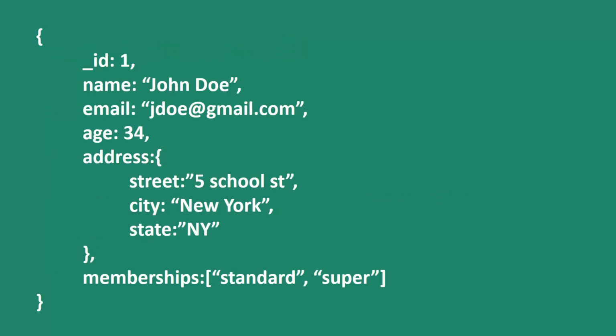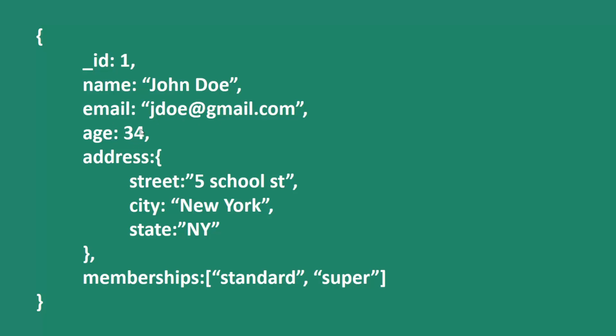So let's take a look at a quick example of a document, and like I said before, if you know JSON syntax, this should look very, very familiar. We have an underscore ID field, which usually is an object ID. Here I just have it as a 1, but it's usually an object ID, which is a long string of numbers. Then we have a name, which is a string value of John Doe. We have an email with a string value, an age with a number value.